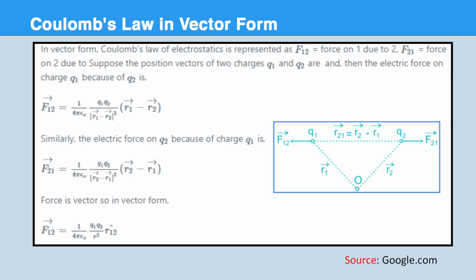Suppose F21 is the force exerted on charge Q2 by charge Q1. Similarly, F12 is the force exerted on charge Q1 by Q2. So, this equation shows Coulomb's law in vector form.